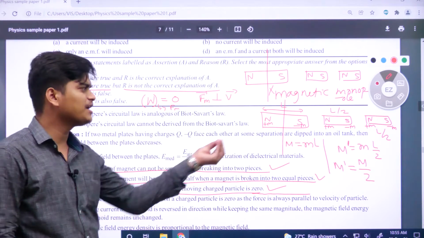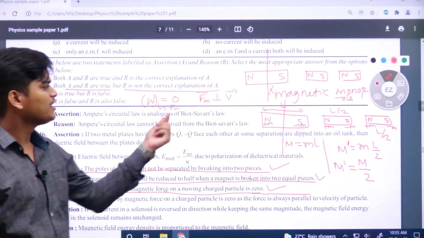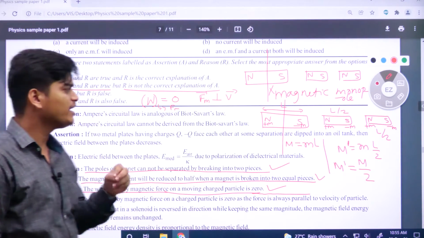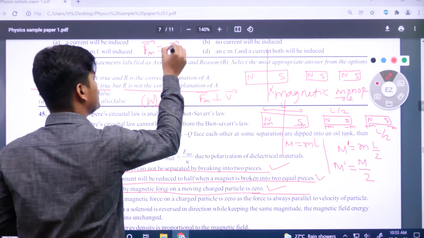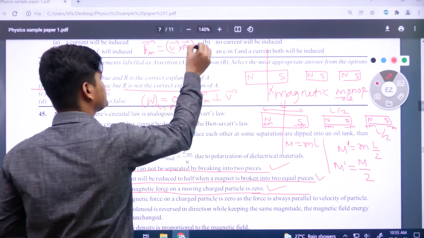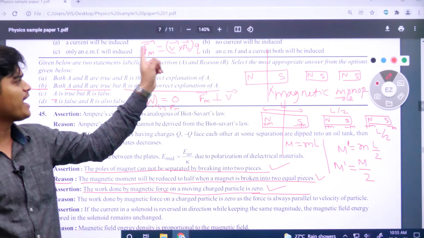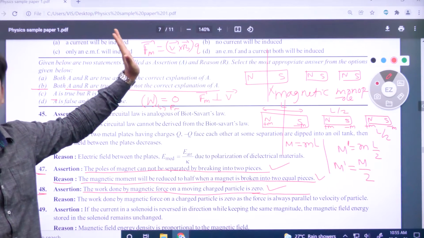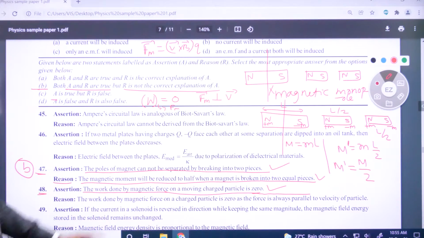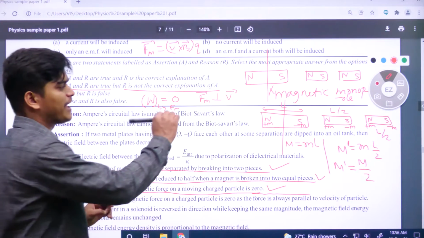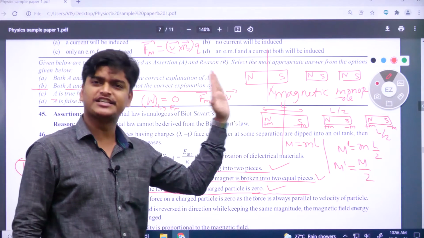Whenever a charged particle moves in a magnetic field with a certain velocity v, the magnetic force will be perpendicular to v. Why perpendicular to v? You know how to find the magnetic force: it is q times v cross B. Since it is a cross product, the resultant vector is perpendicular to v and also perpendicular to B. So the magnetic force is perpendicular to the velocity of the charged particle, and in that direction you also have the displacement.